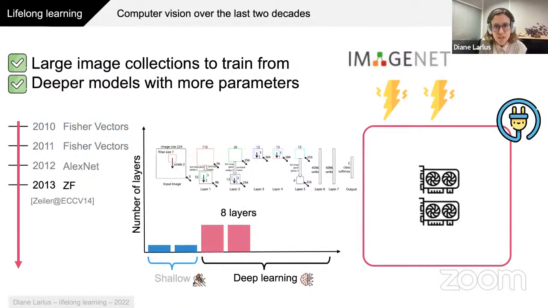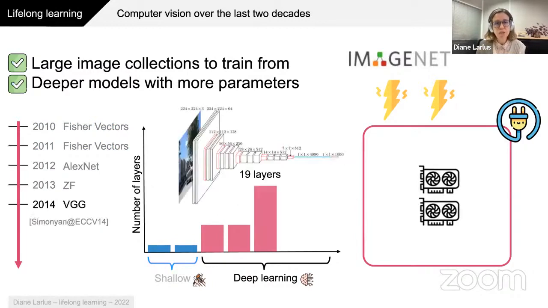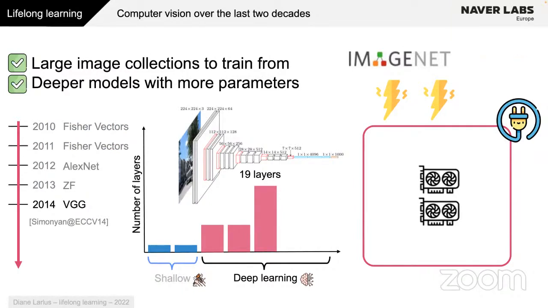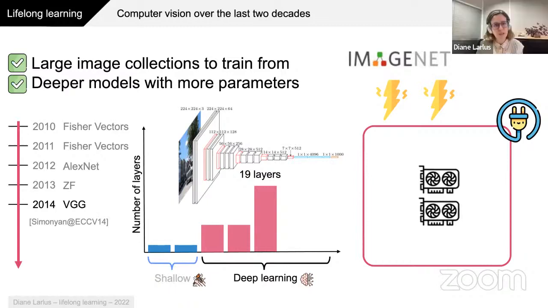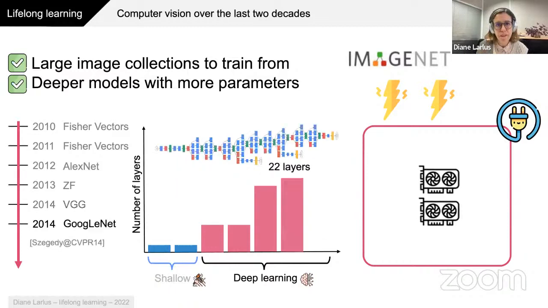In 2013, another architecture was proposed by Zeiler and Fergus, which won the challenge with 8 layers as well. In 2014, the VGG network and its 19 layers won the challenge. So this one required training a considerably larger number of parameters than the winning methods from the 2 previous years. So we're really growing in size for the networks.